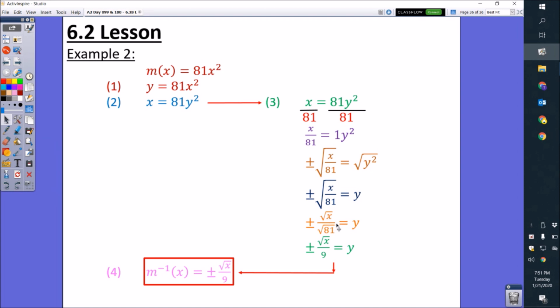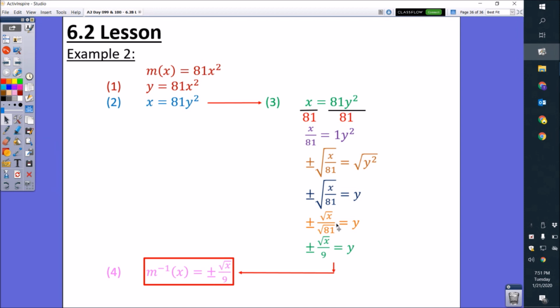So if you have a fraction, it is possible that you could split it into two square roots and check if you can do the square root of the denominator. Now, if you cannot, I repeat, if you cannot do the square root of the denominator, then you're just simply going to leave it as one big square root.